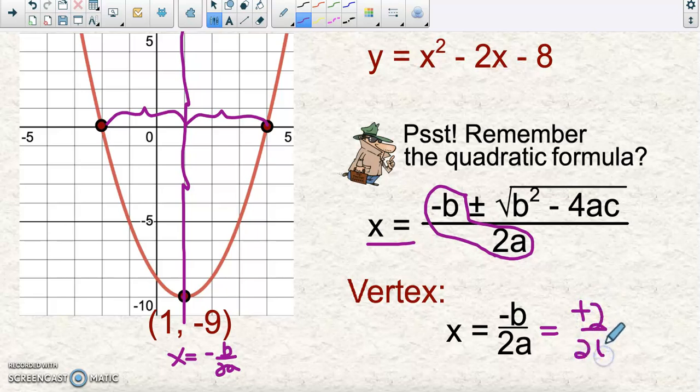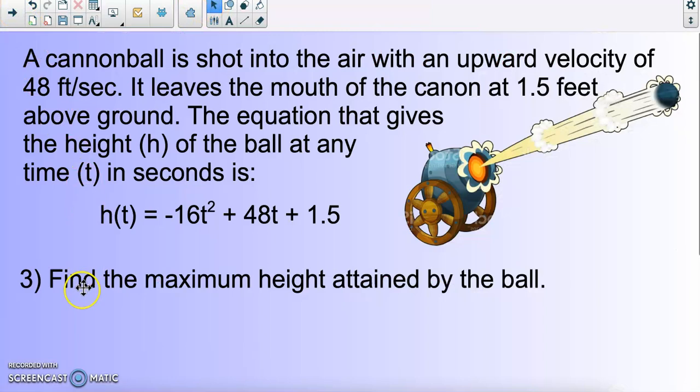And a is 1. So the x value of my vertex is simply 2 over 2, or 1. And sure enough, there it is. So knowing that, we can now go into this second batch of problems right here.